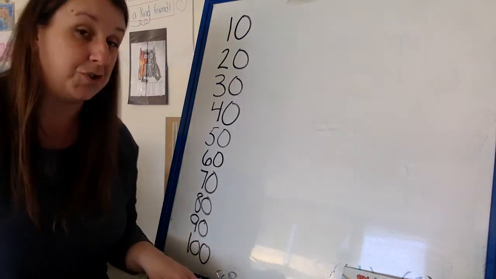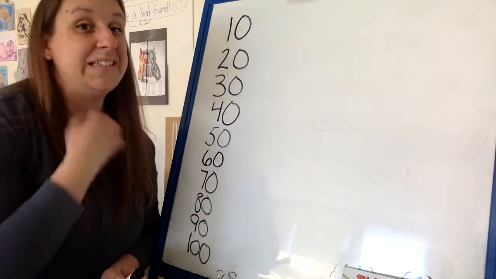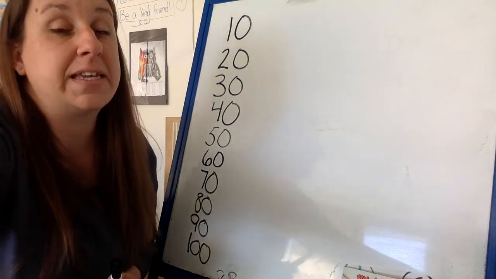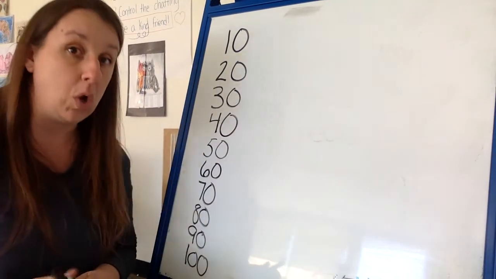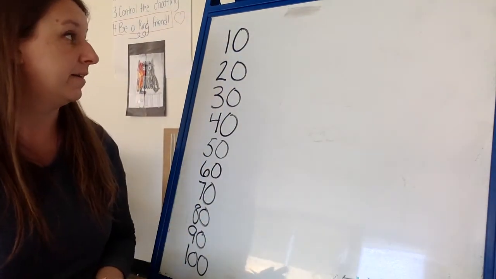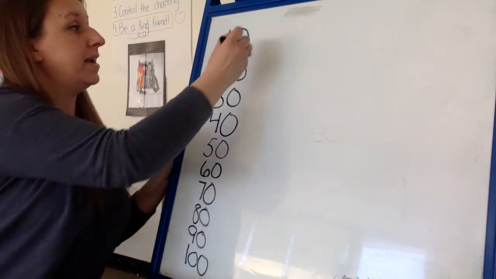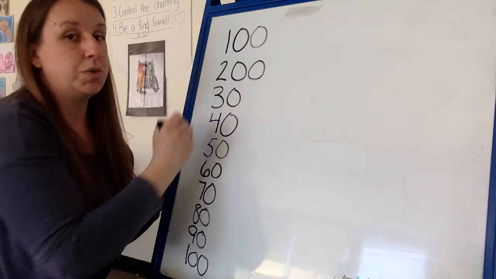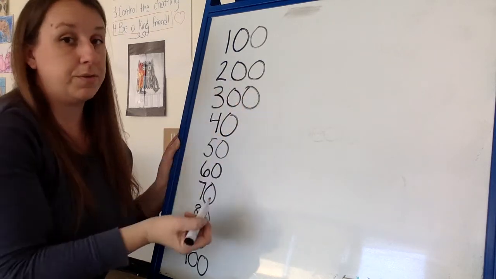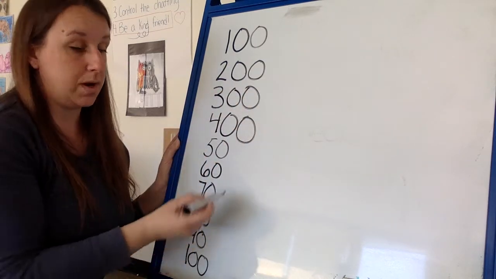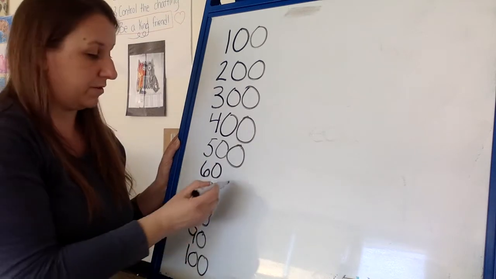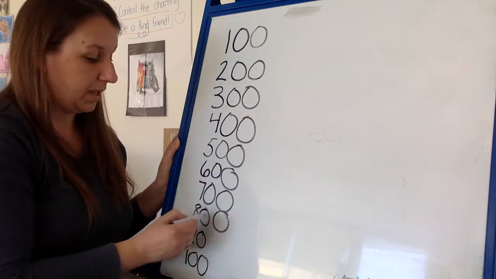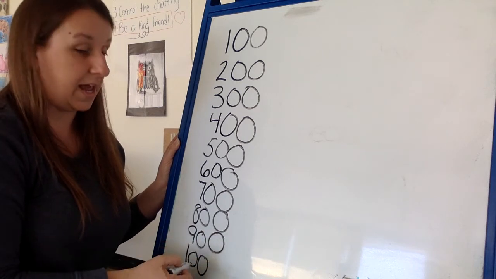Because really, just remember, counting is really just counting by 10 over and over and over again. If I take this 10 and I add another 0, now it's just 100, 200, 300, 400, 500, 600, 700, 800, 900, and 10 hundreds.